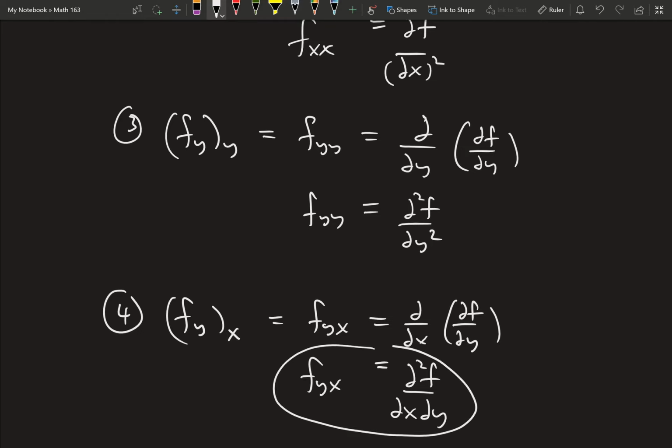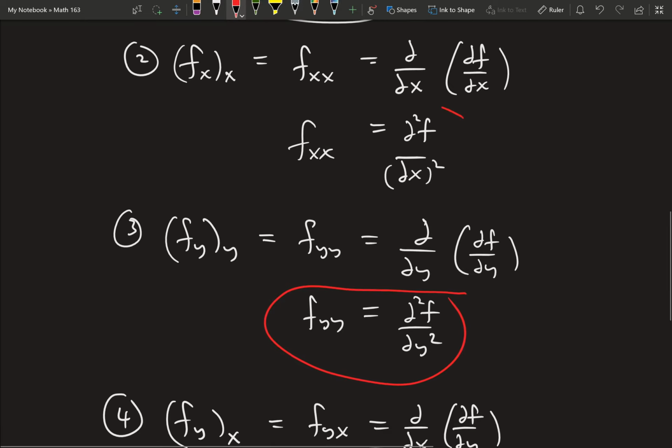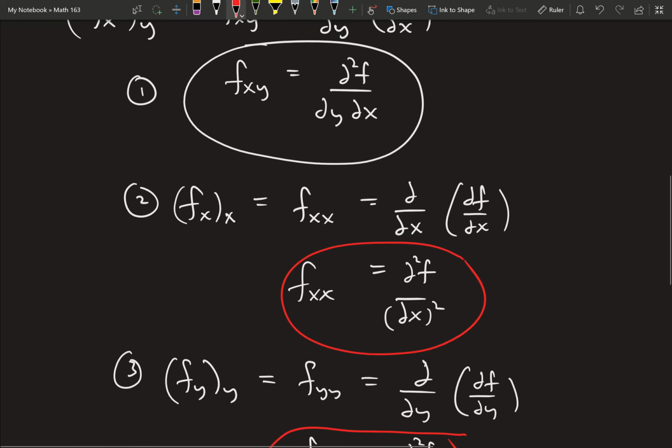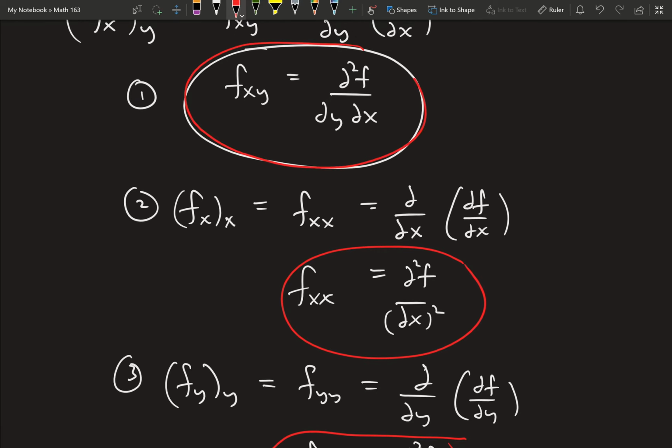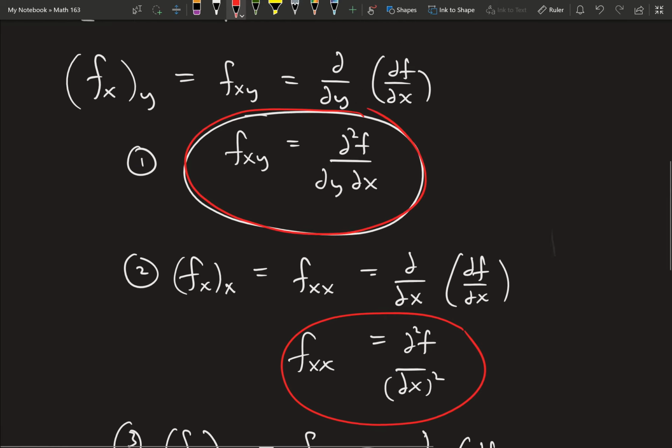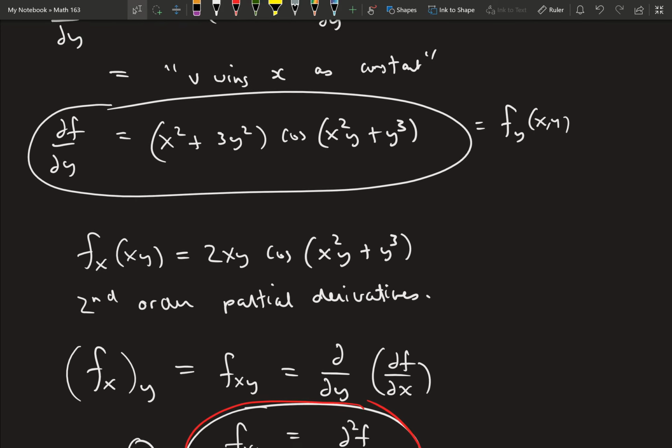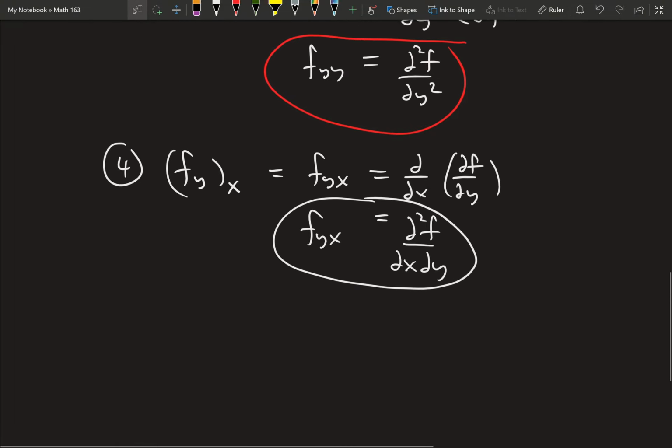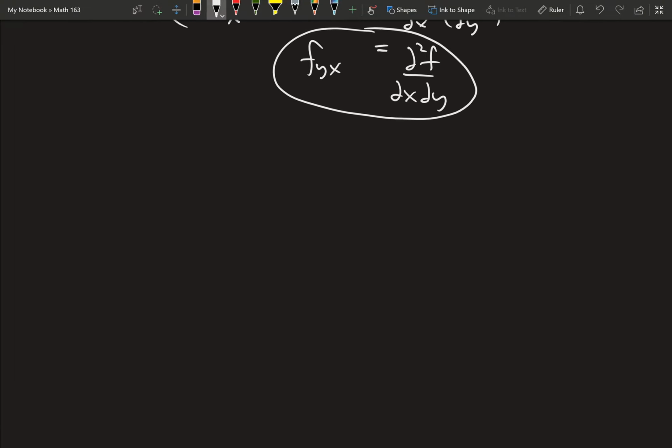So we have 4, 3, 2, and number 1 right here. What we're going to do is compute all of these for this particular example, where we've already done the partial of f with respect to x, as well as the partial of f with respect to y. So let me list everything we've done.